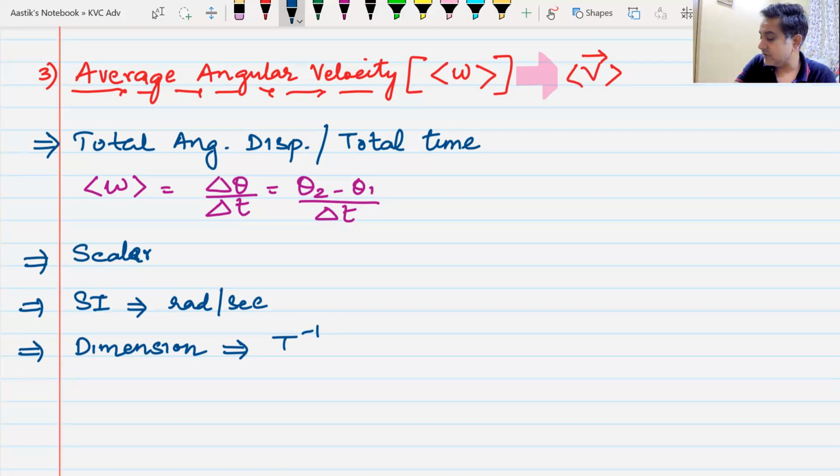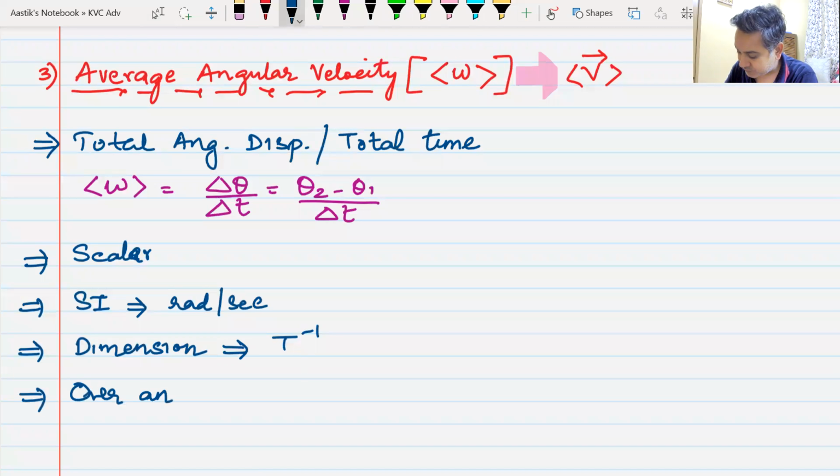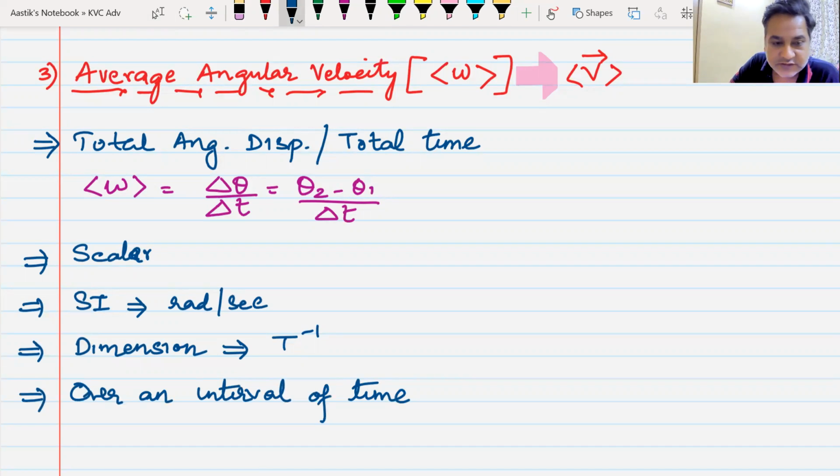Average angular velocity is always calculated over an interval of time between one point and the other point. It's always calculated over an interval of time. What is the next term that is going to come?